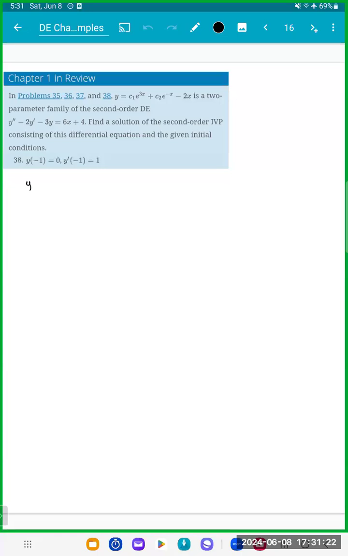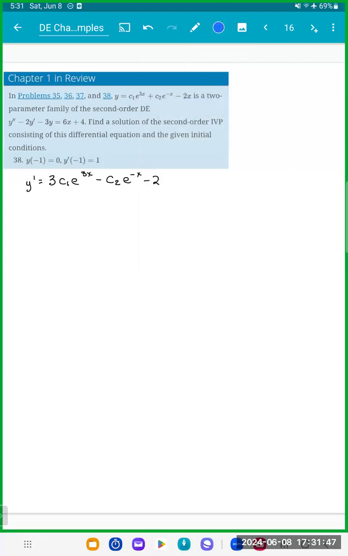So we have y prime, we're just taking the derivative of the equation that we're given up here in the instructions. And so our derivative is 3c1 e to the 3x minus c2 e to the negative x minus 2.